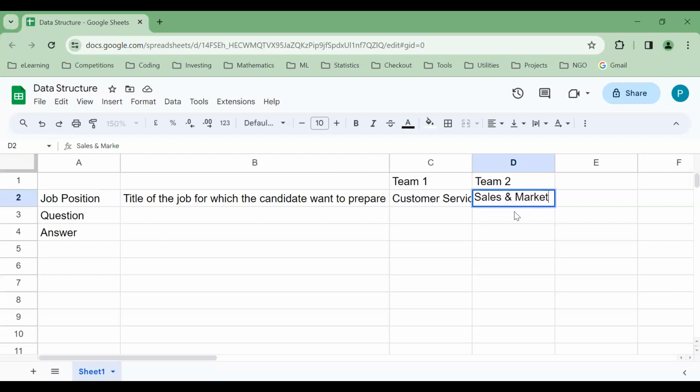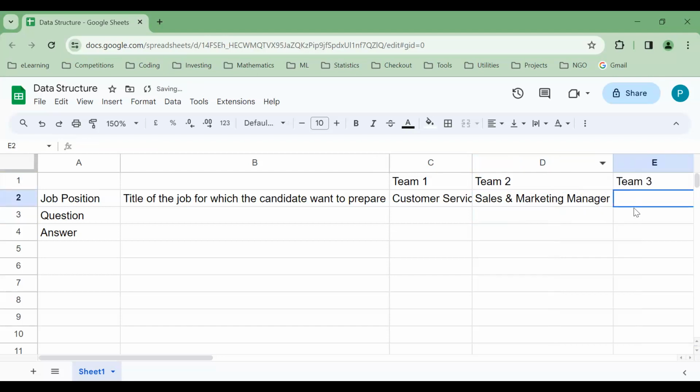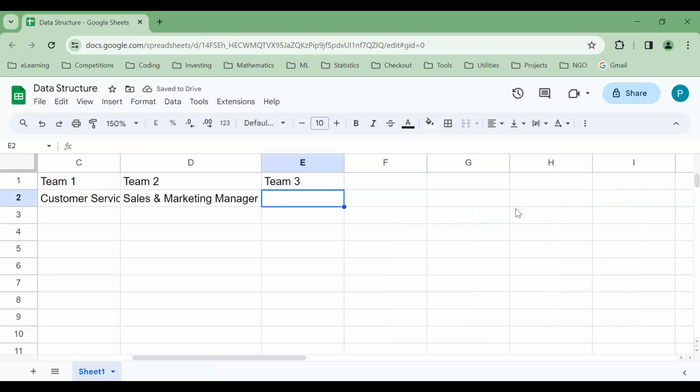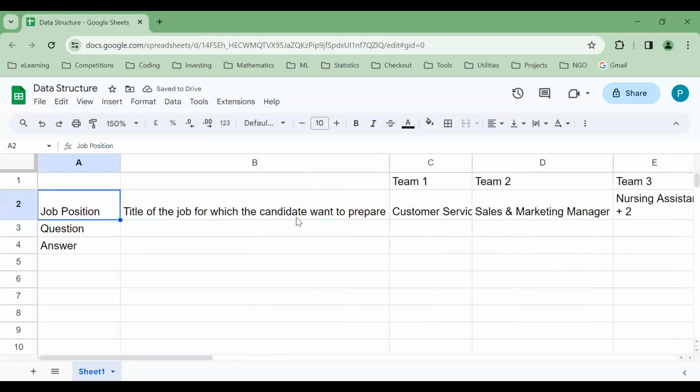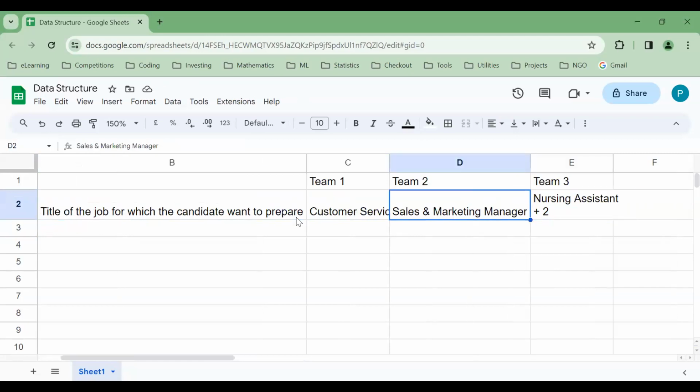Then for team 3, they have a few roles, 3 I believe, right? Can somebody please provide the details? Yes, we have 3: the nursing assistant, home health nursing assistant, and medical assistant. Okay, all right. So I'll just put +2. So these are the different options that are there for each team.